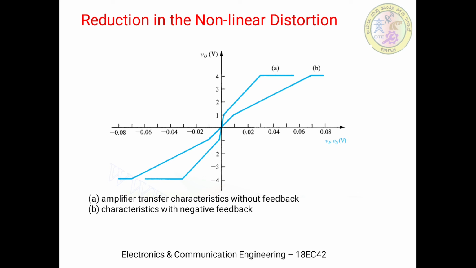The non-linear transfer characteristics of the amplifier generate a large amount of non-linear distortion. The amplifier transfer characteristics may be made less non-linear through the application of negative feedback.